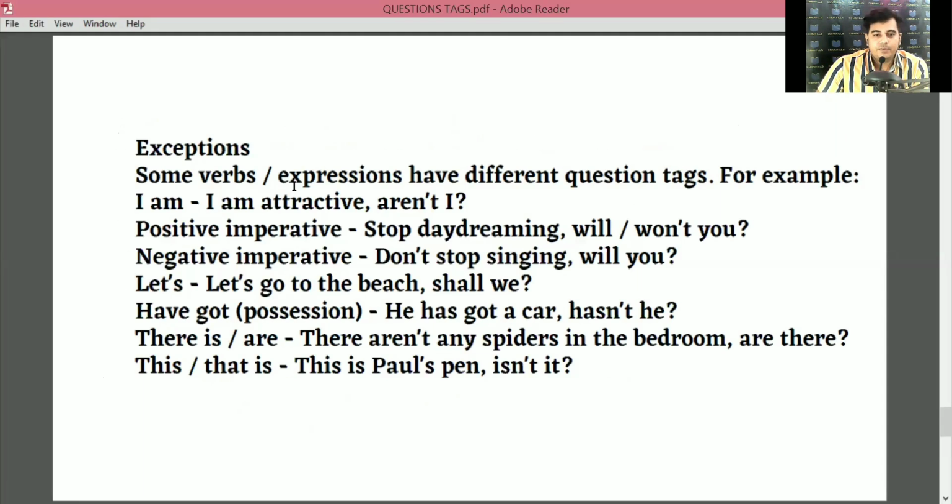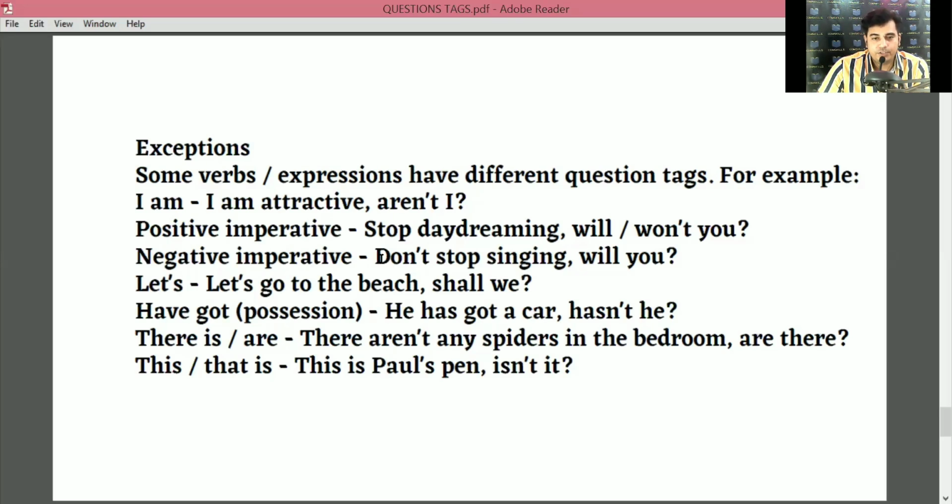So some exceptions. One exception I have already told you. Some verbs and expressions have different question tags. For example, I am attractive, aren't I? Positive imperative, stop daydreaming. Will you, won't you? Negative imperative, don't stop singing. Will you?